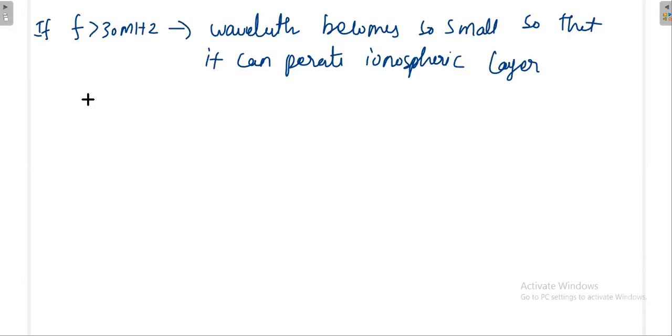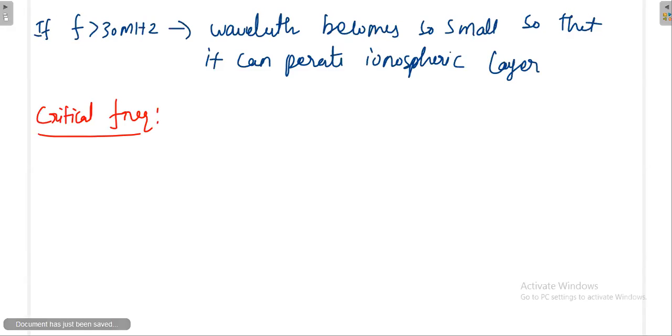Next, we will see what critical frequency is. Don't compare this critical frequency definition with the fiber optics critical frequency. This is completely different. Now I'll write the definition. Please note that the critical frequency is different for different layers.